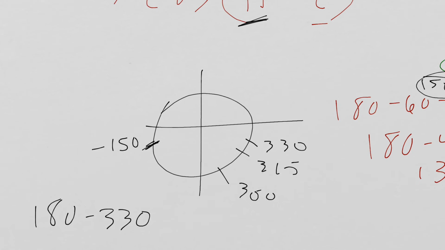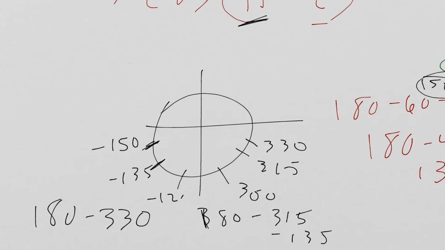Okay? 180 minus 315 is negative 135. Double check, yep, negative 135, right here. And then 180 minus 300 is negative 120 right here.